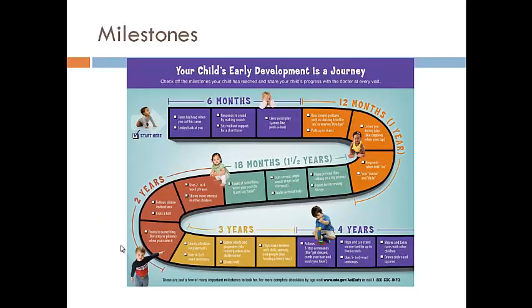Okay, so this chart is just an example of what milestones look like. I don't need you guys to memorize these now, okay? But the idea is that at every age, there are certain things that the child or the infant should be able to do. So, for example, up until 6 months, he should be able to turn his head. They usually babble certain sounds, or they respond to certain sounds.